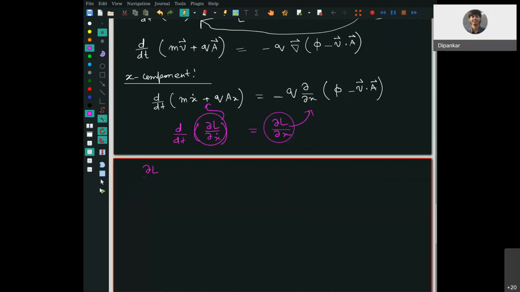So del L del x dot would be given by m x dot plus q Ax, and on the other side I have del L del x equals minus del x of q phi minus q v dot A. I could have done it differently.